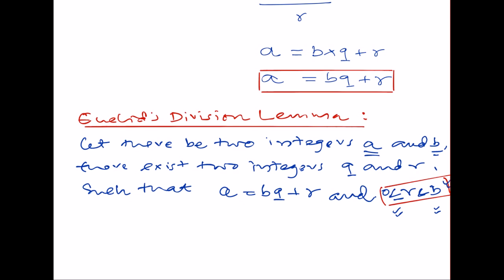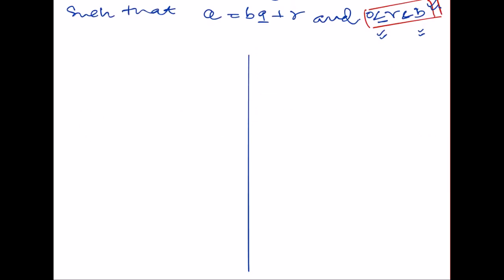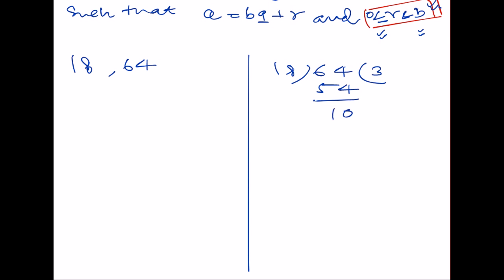Now what is division algorithm? Now guys, we will go back to our previous classes where we were finding out the HCF of two numbers, say for example 18 and 64. This way, 64 divided by 18, 18 3s are 54 and remainder is 10, right?